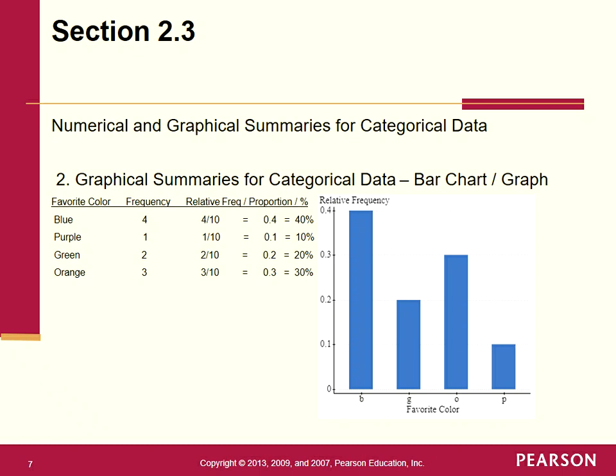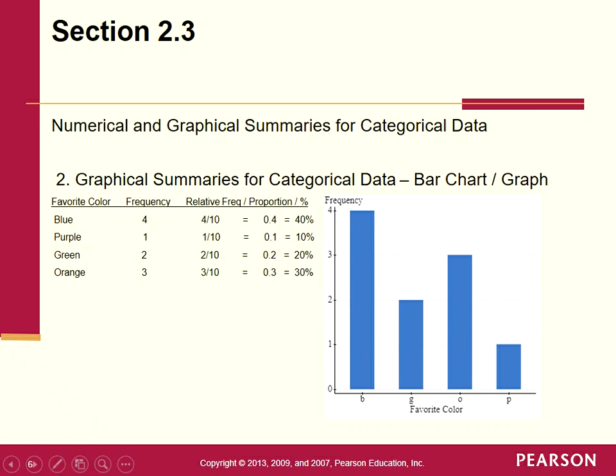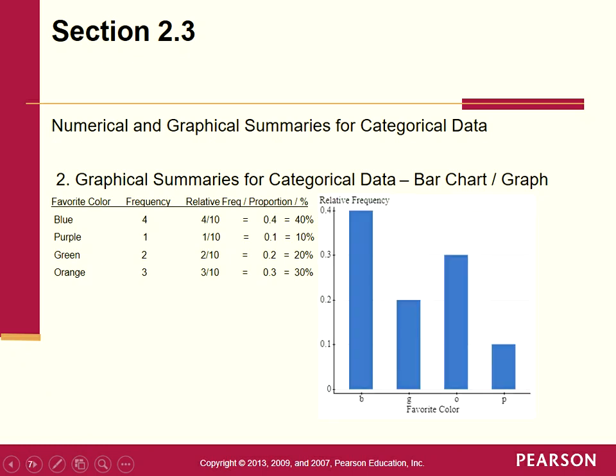Let me go back to the other slide here for a second. So we had 1, 2, 3, 4. Well, if you divide through by the sum, 10, you would get 4 over 10, 3 over 10, 2 over 10, and 1 over 10. And if you went ahead and created the relative frequency, notice what happens. The graph doesn't change.